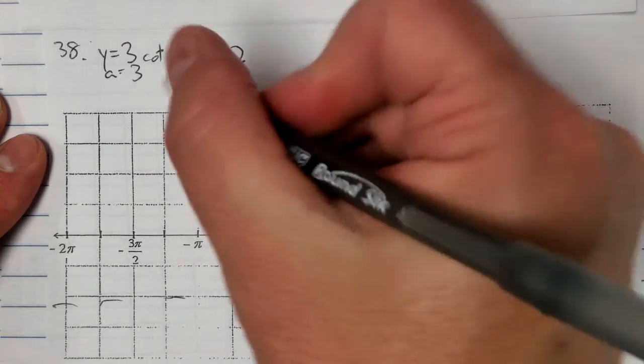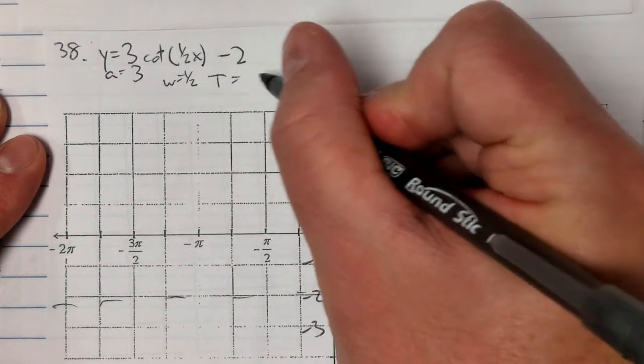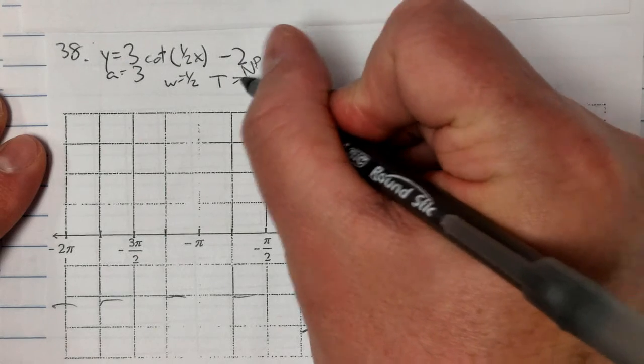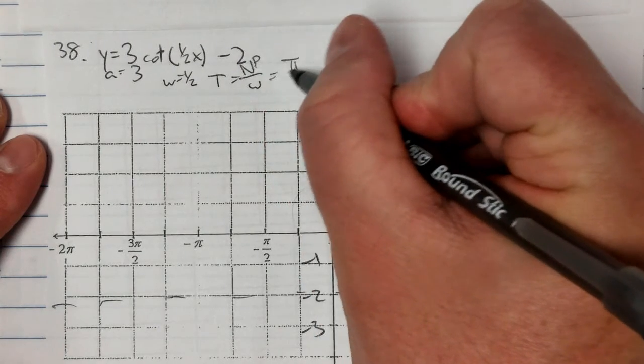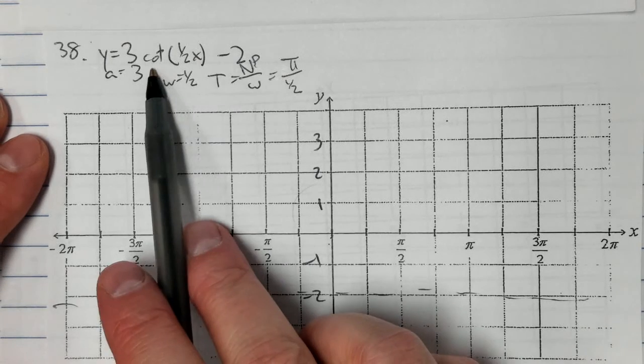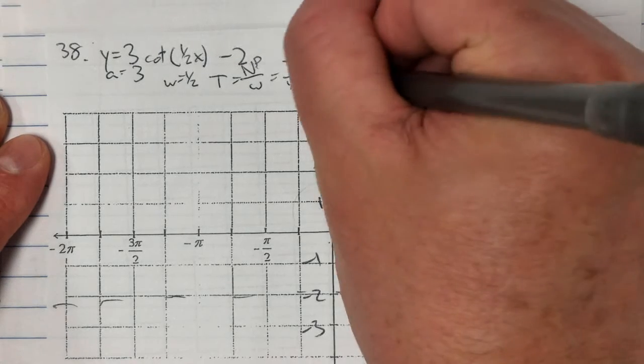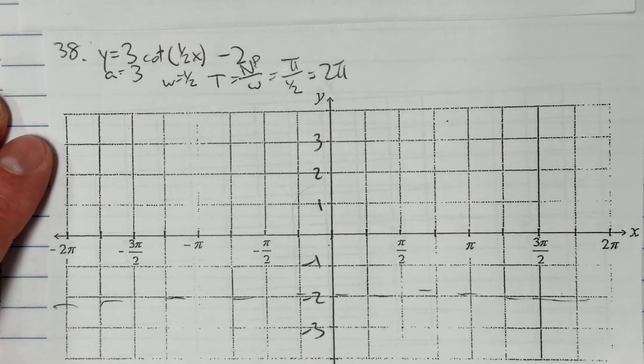Let's see, our W is 1/2. So that means our period would be our normal period divided by W, which would have to be pi over 1/2. Remember, for tan and cotan, your normal period is pi. So in this case, you would get 2 pi for your period.